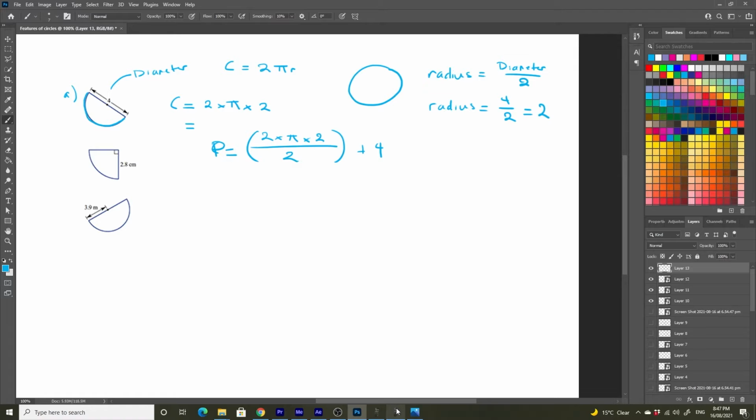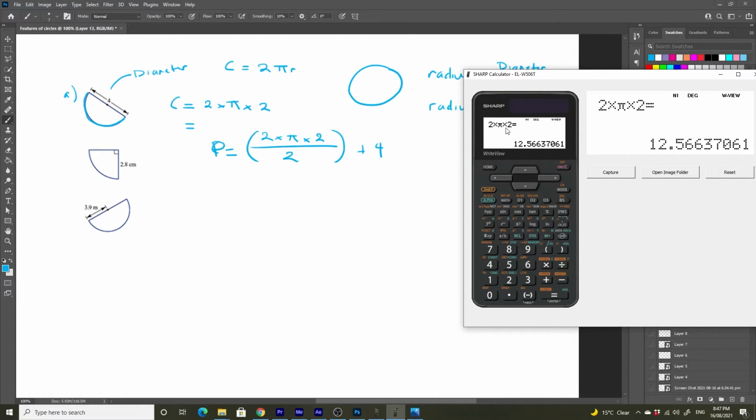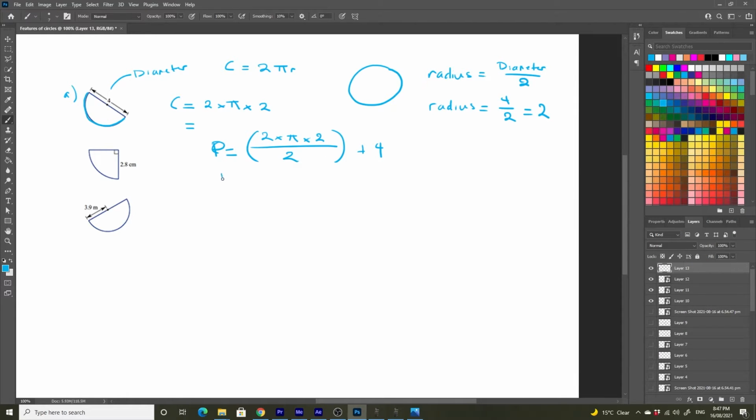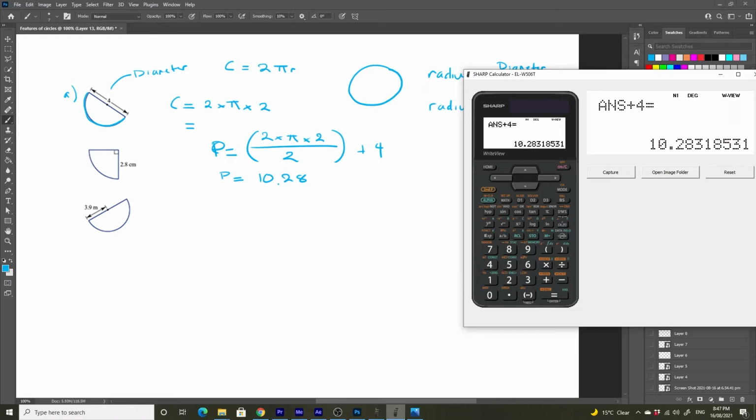So let's do that now. The perimeter of the entire semicircle is going to be 2 times pi times 2, divided by 2, plus 4. So the perimeter of our entire shape is going to be 10.28 if we round to 2 decimal places. So P is equal to 10.28.